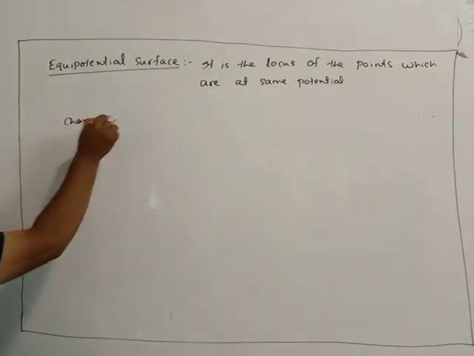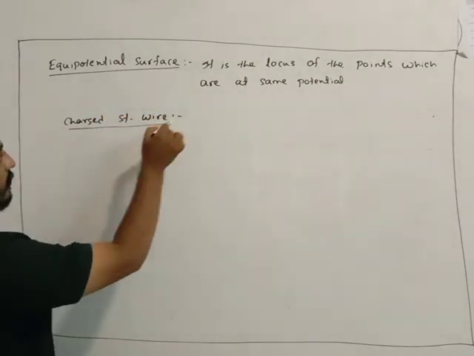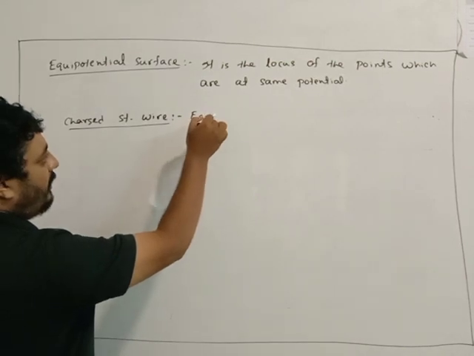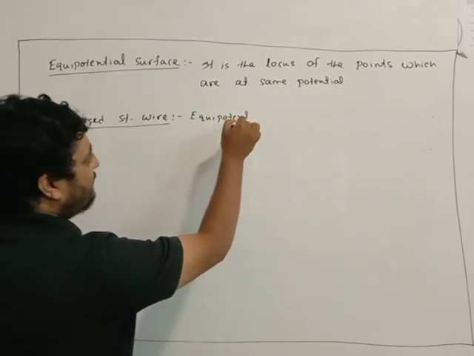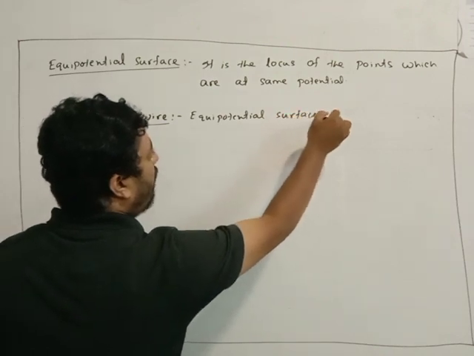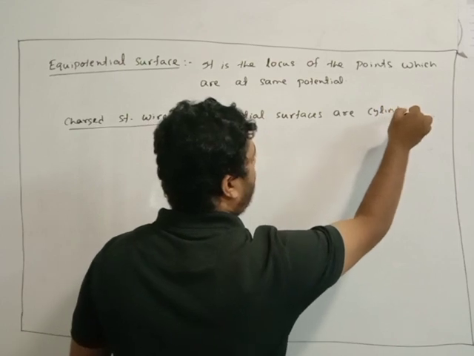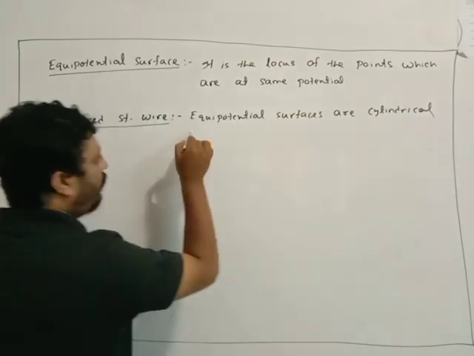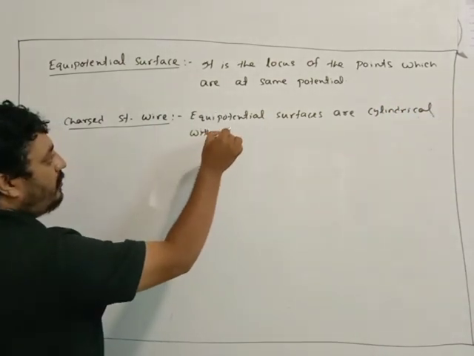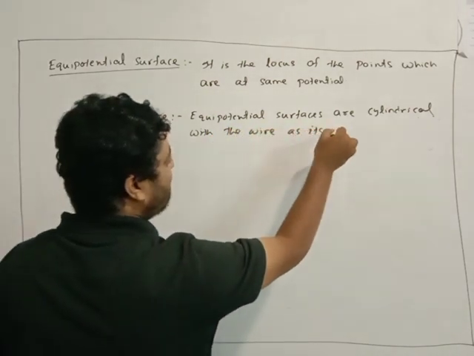Next, for charged straight wire, equipotential surfaces are cylindrical with the wire as its axis.